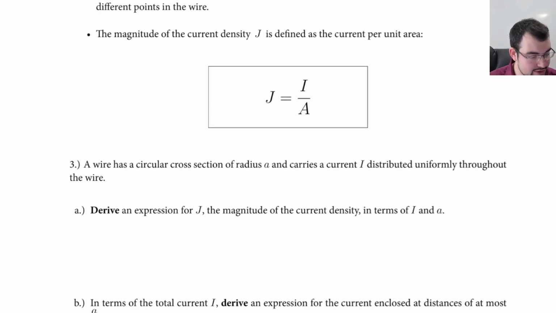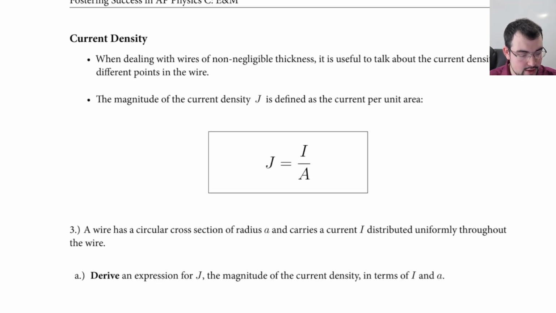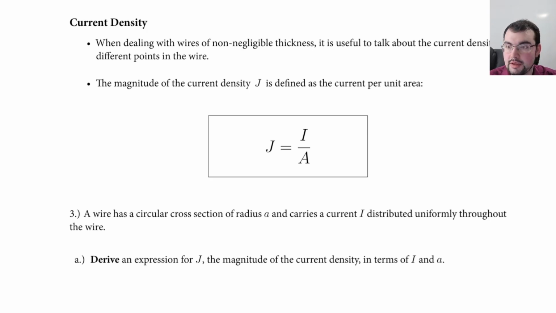You can think of it as fluids, which is pretty useful. So the current is I, so we go one letter further and make the current density J.